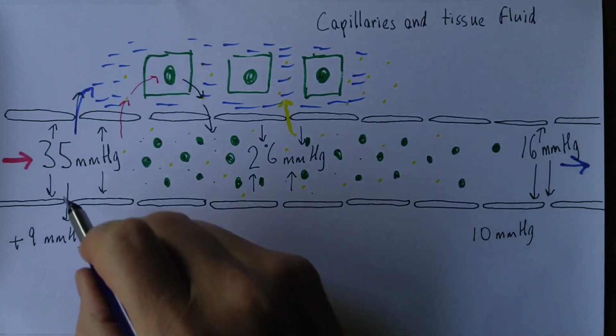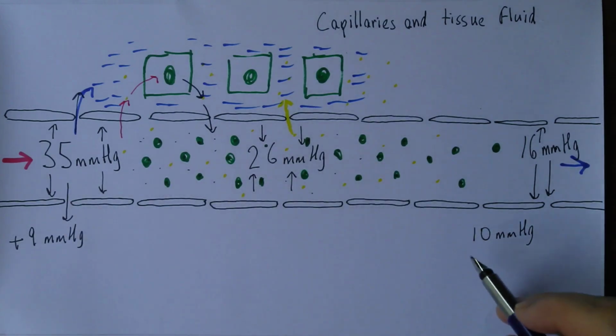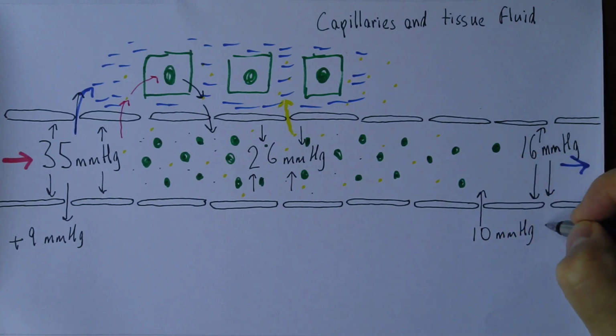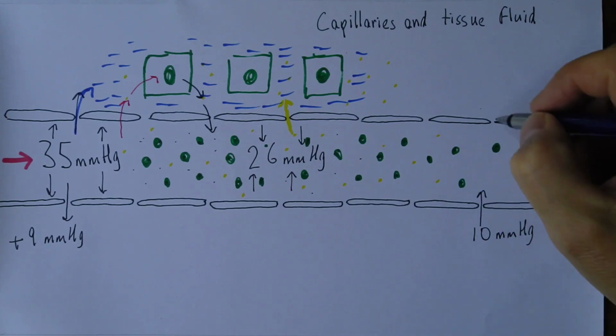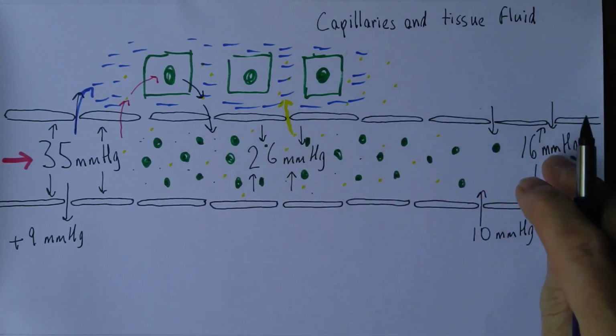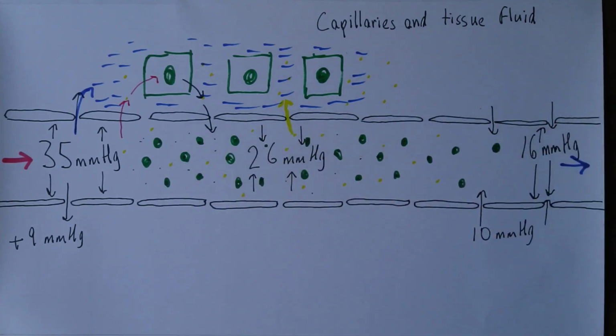This is pushing out, and that is going back in. That's 10 millimeters going back in. So the suction effect of the plasma proteins has overcome the hydrostatic pressure within the capillary, so the tissue fluid is going to be reabsorbed.